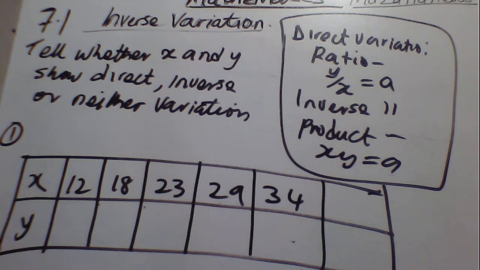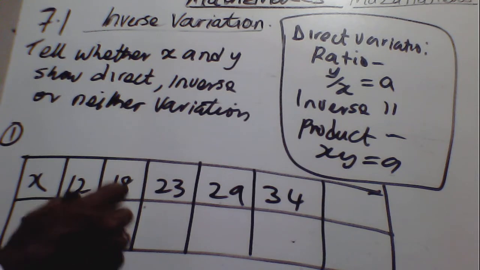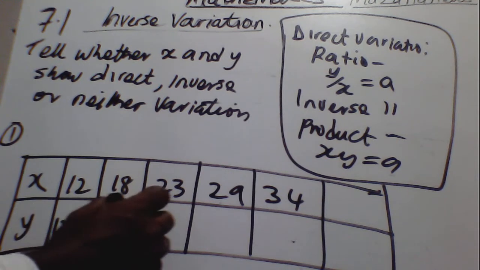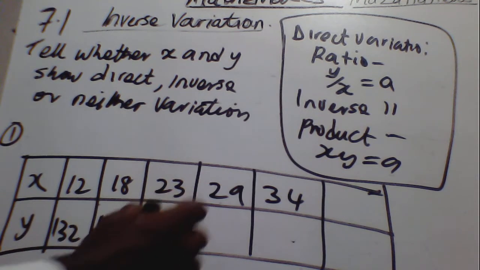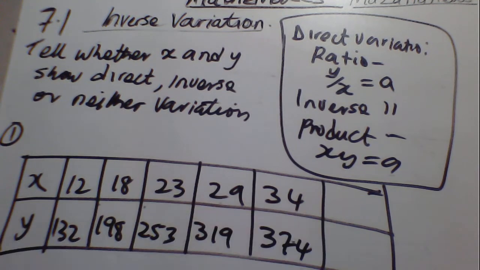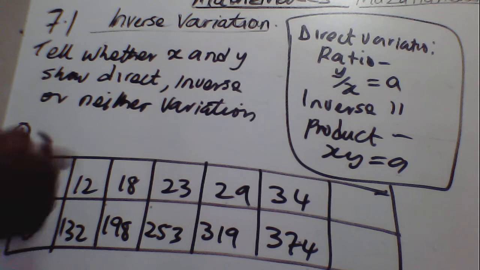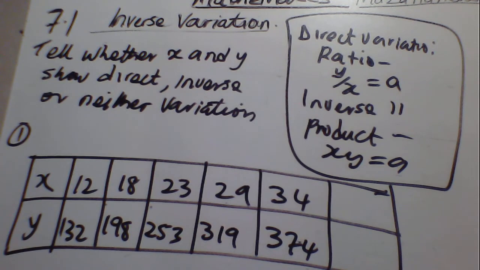You see it? And in this case you have 132, 198, 253, 319, and 374. So you are required to show whether this set of data x, y shows direct, inverse, or neither variation.